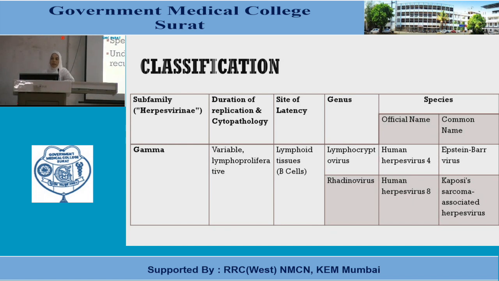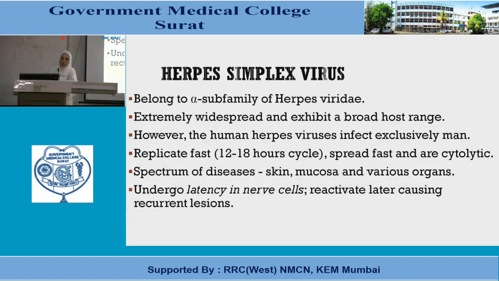Now going one by one, let's talk of herpes simplex virus. They belong to, we saw, the alpha subfamily of Herpesviridae. They're extremely widespread and exhibit a broad host range. But the human herpes virus infects only humans. They replicate in less than half a day, maybe 18 hours. They spread fast.